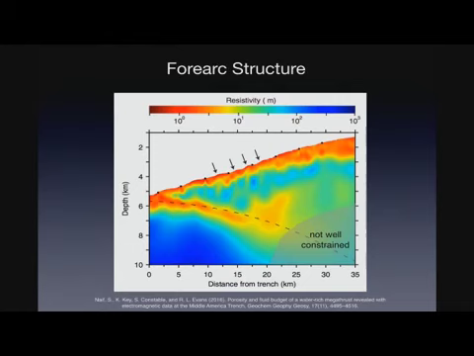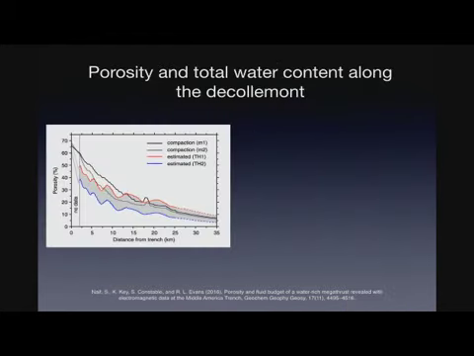And so Samer, the first thing he did was look at the porosity and predicted fluid content along the plate boundary here, where this dashed line is shown. When you take sediments and you subduct them down beneath the forearc, you have all the weight of the forearc pressing down on the sediments, and that compacts those sediments. And there are simple exponential decay models that describe how the porosity will be reduced.